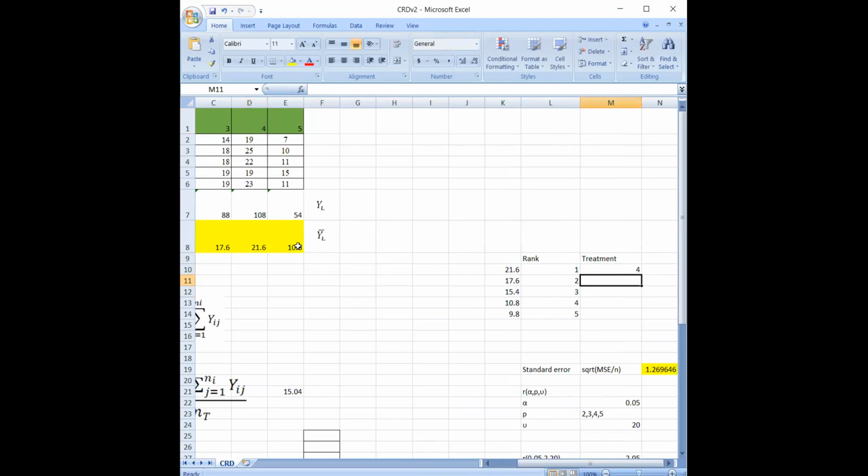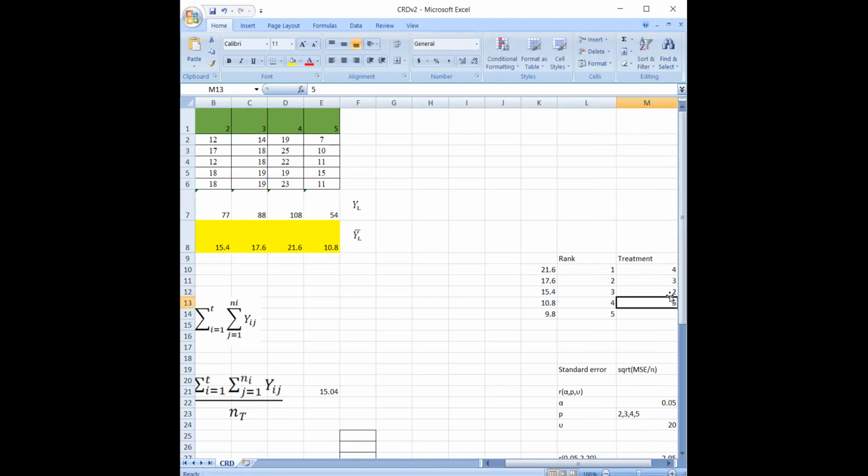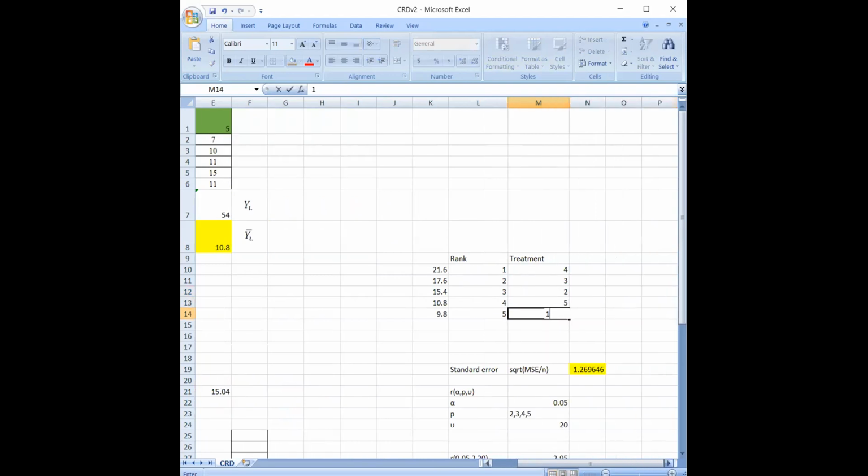Then 10.8 is coming from the fifth treatment, so this is treatment number 5. And 17.6 is coming from the third treatment. And then for the first treatment, 9.8, second treatment, 15.4. So 15.4 is the second treatment, and 9.8 is from the first treatment. So we have the treatments.